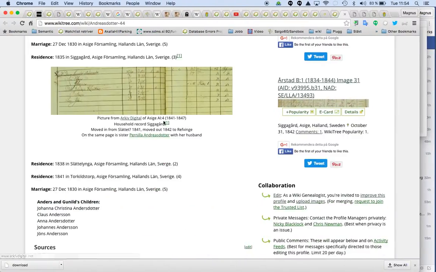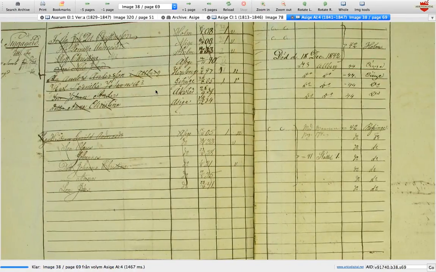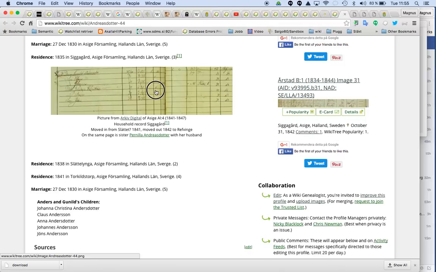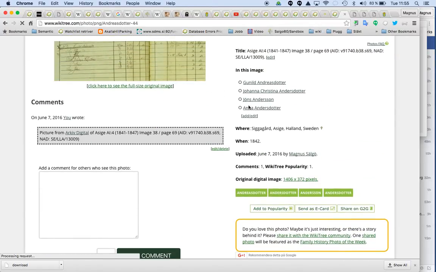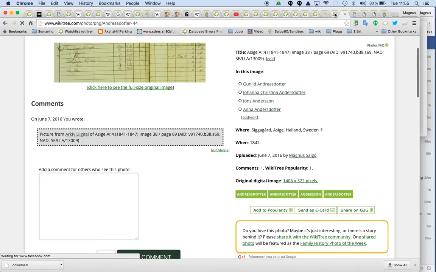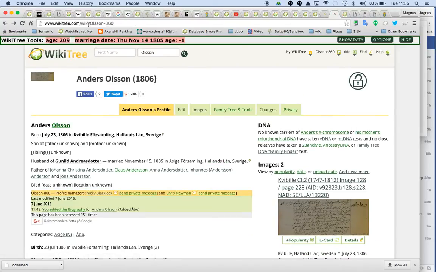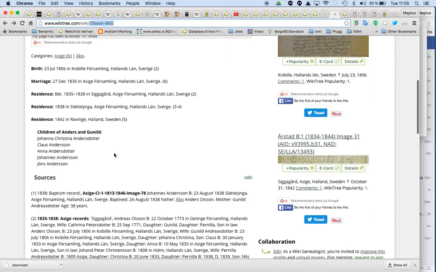Yes, page. If I do like mouse over here, I get page image page 69. Yes. So what we can do here is that we add Anders here, and adding him to that is he's not mentioned, but you mention him.